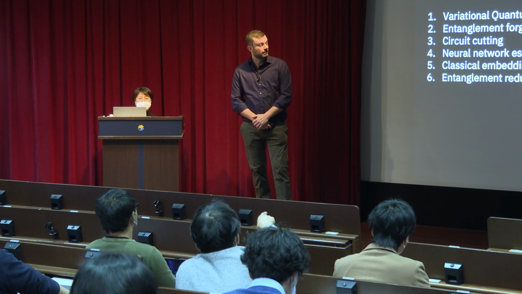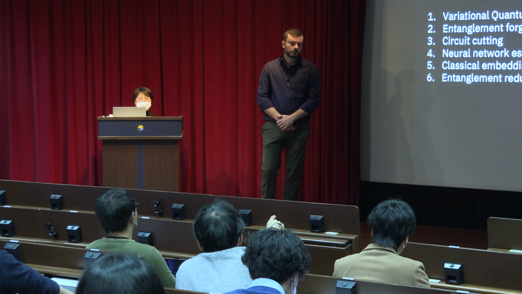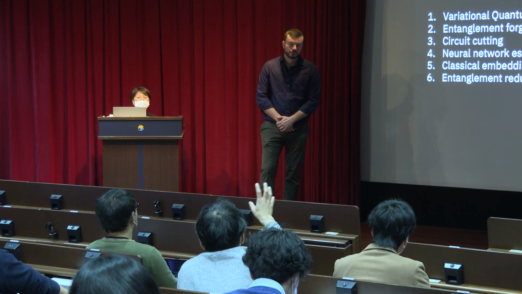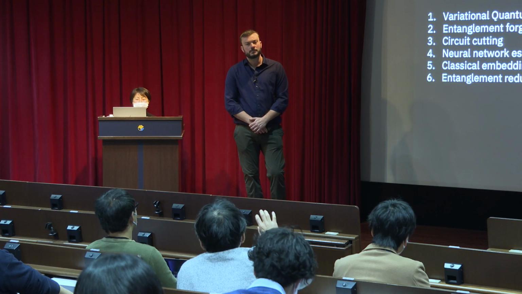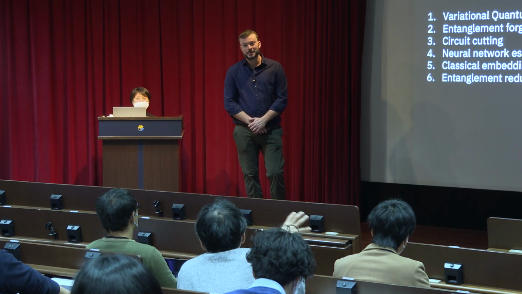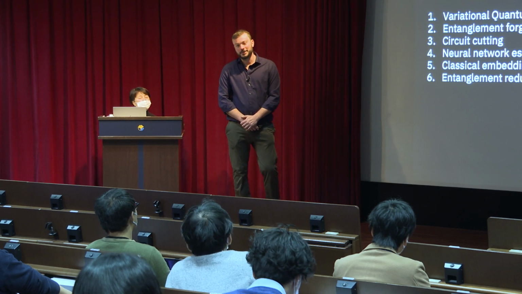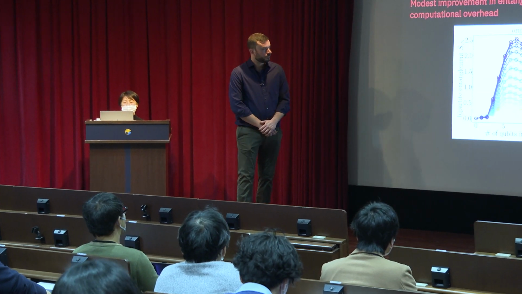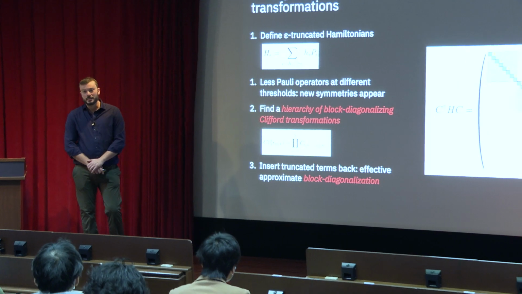So I naively feel that the entanglement reduction technique may fit the circuit cutting. By approximating block diagonal structure, we can find some weak entanglement between the blocks, and so we can merge like this. Oh yes, that is one way. Obviously, if you have this block diagonal structure, there are many applications for this.